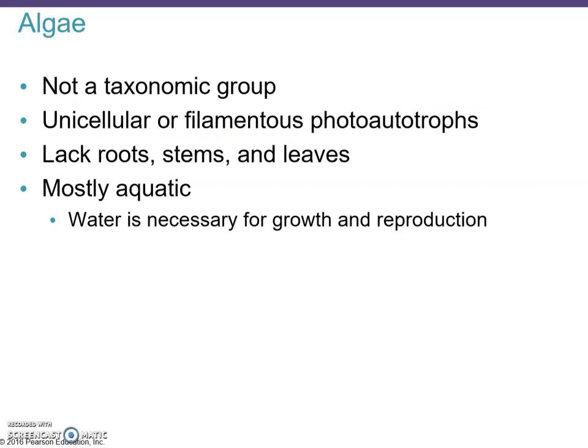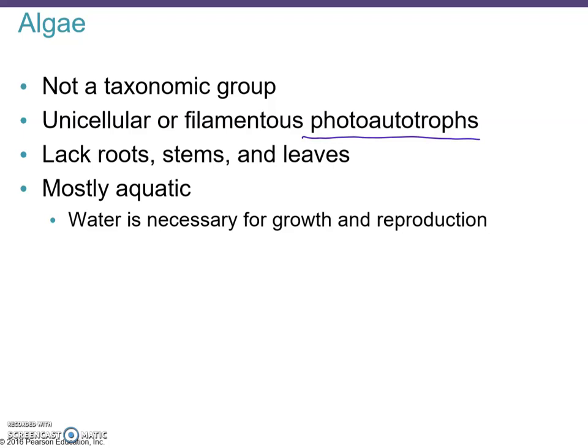Moving on to our next group of eukaryotes, will be the algae. Well, they're unicellular or filamentous. They're photoautotrophs, so that means they can photosynthesize and feed themselves. Troph, to feed; auto, self; photo, by light. So they do photosynthesis. They don't have any roots, stems, or leaves, although the photosynthesis part, of course, makes them plant-like.